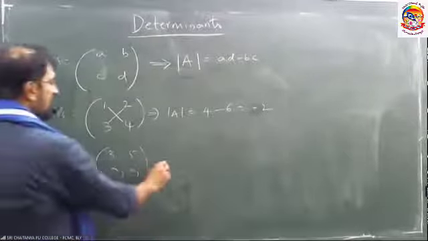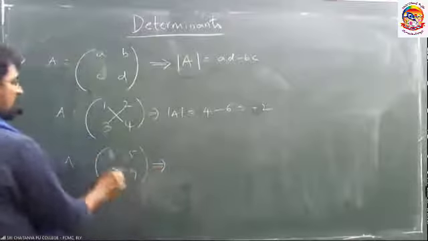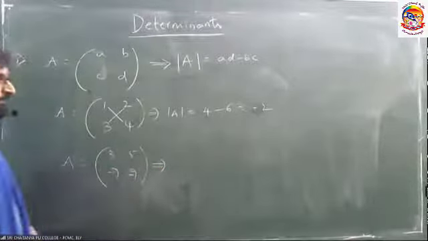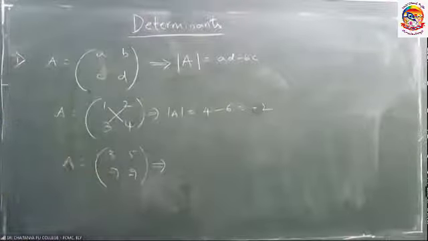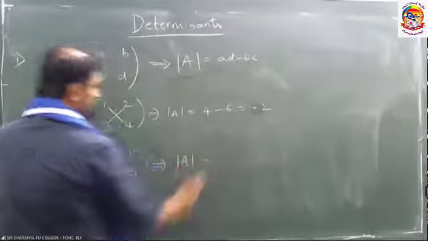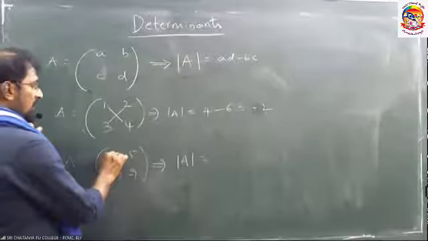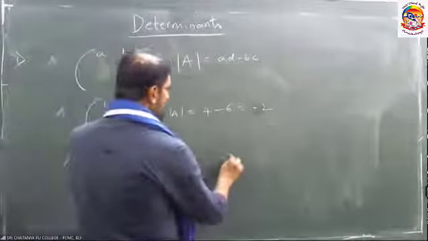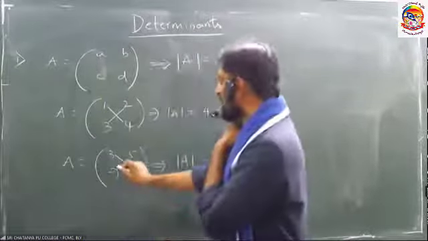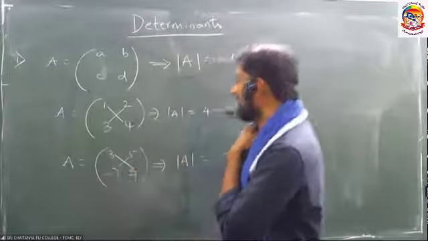Right? Or else, let me take another minus, and here it is minus. Okay. 3, 5, minus 7, minus 9. I am giving you the example which is not there in your book. Okay, AD means minus 27. Minus of BC is nothing but minus 35.